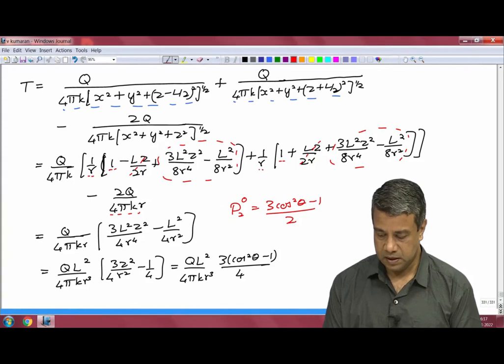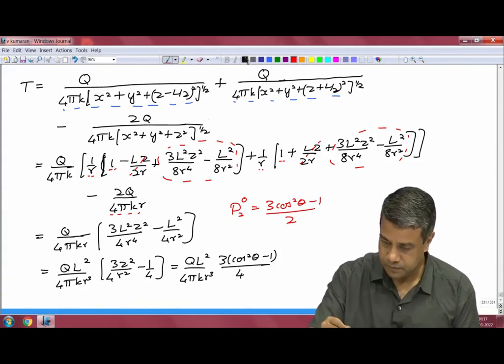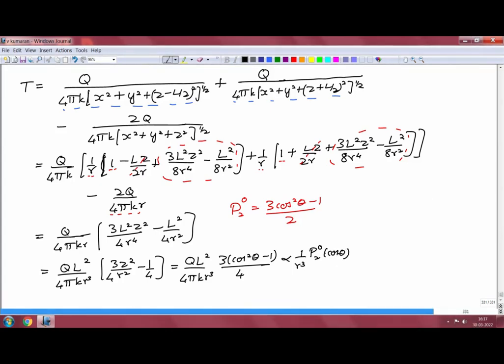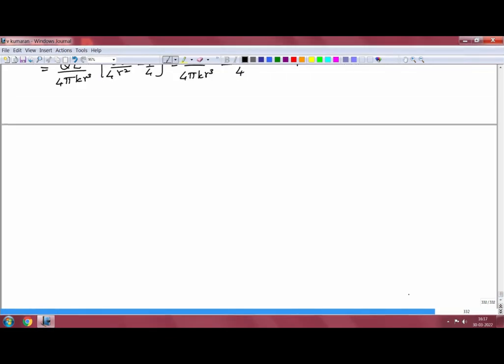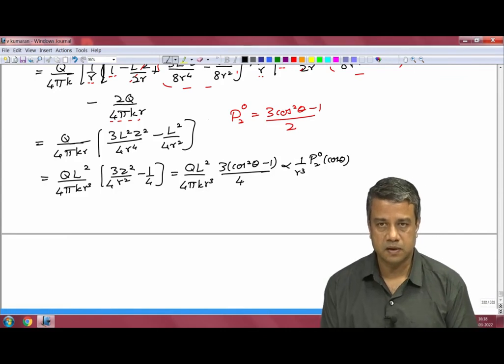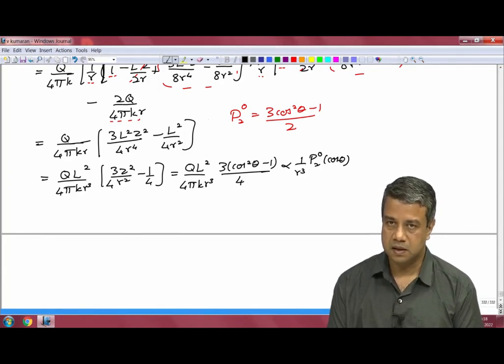So, this is proportional to 1 over r cube times P 2 0 of cos theta. That is the second term, n is equal to 2, m is equal to 0, and the Legendre polynomial expansion for the temperature field is 1 over r cube times P 2 0 of cos theta, a decaying harmonic.